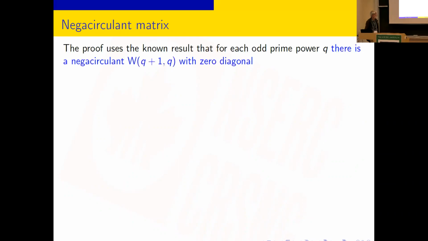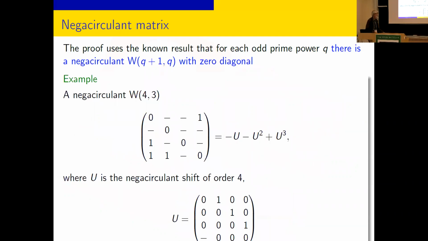Before doing that, I have to introduce a negacirculant matrix. A negacirculant matrix is a matrix where you can find all the entries from row 1. Here we have the first row 0, -1, 1. You shift it to the right one unit and change the sign, so this 1 becomes -1, and the rest of the elements follow, and then the next row and the next row.